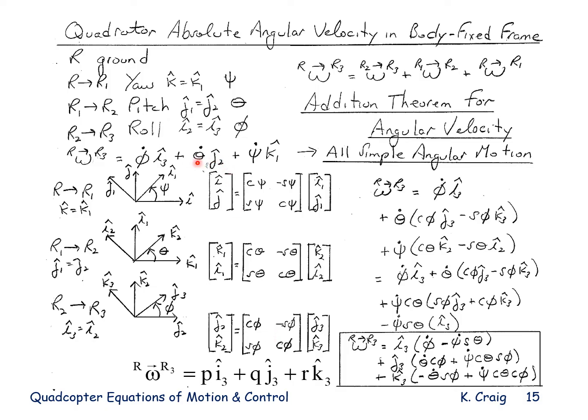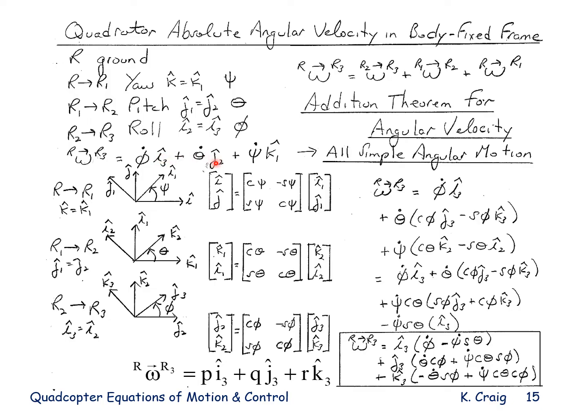And so I can represent my absolute angular velocity, R3 and R, in terms of unit vectors fixed in the R3 reference frame, the body fixed reference frame. I3 hat is already in the R3 reference frame unit vectors.